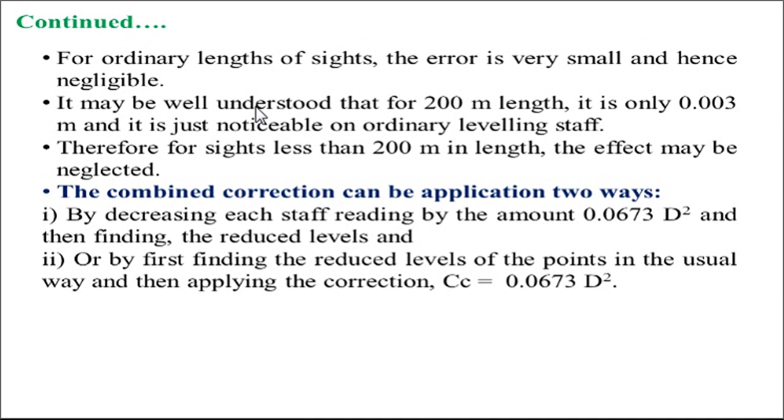For ordinary lengths of sights, the error is very small and hence it is negligible. It may be well understood that for 200 meter length it is only 0.003 meter and it is just noticeable on an ordinary leveling staff. Therefore, for sights less than 200 meter in length, the effect may be neglected, be it curvature correction or refraction correction.